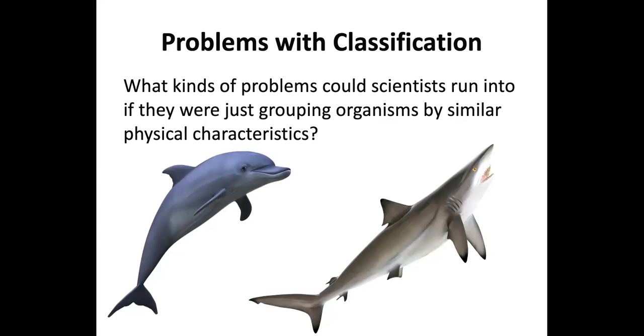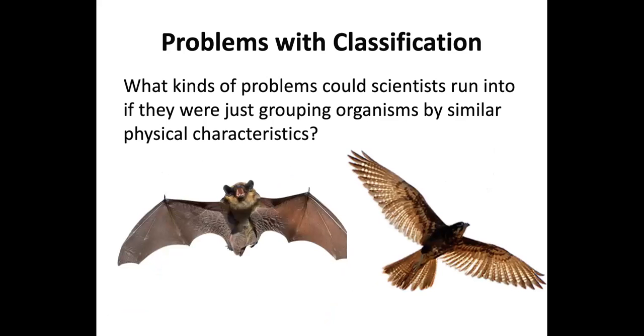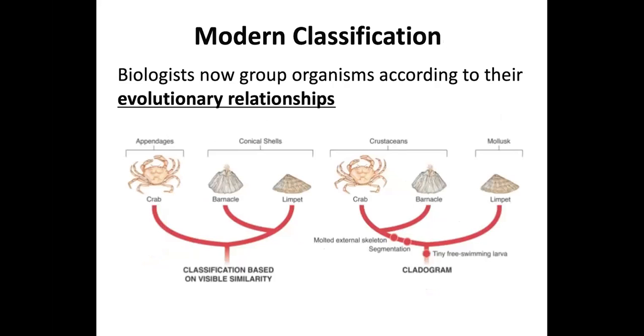Just looking at physical characteristics, they do have a lot in common, but at the end of the day, are they the same? No. Same up here: birds have feathers and wings too.